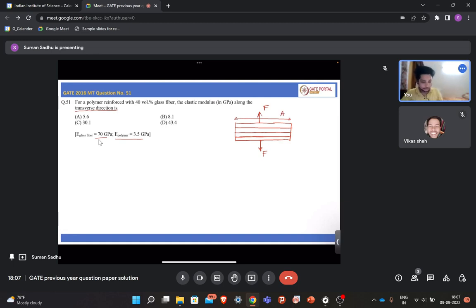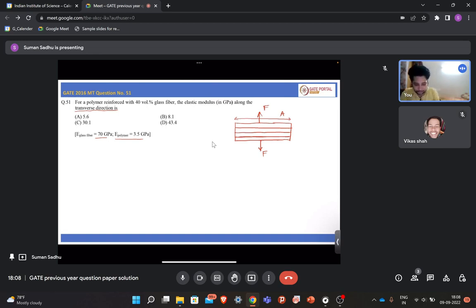Okay, first you tell me what is the elastic modulus. Do you know what is elastic modulus? Force upon area. No, elastic modulus is when you are loading a sample elastically, then the ratio of the stress versus strain is the elastic modulus.